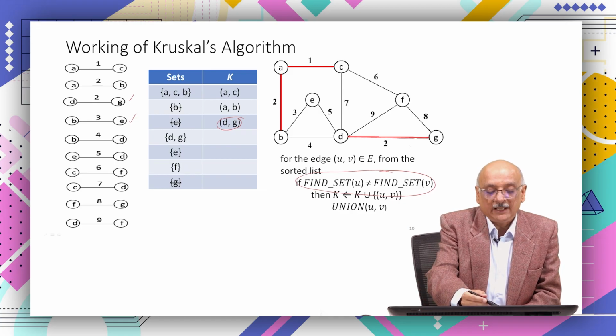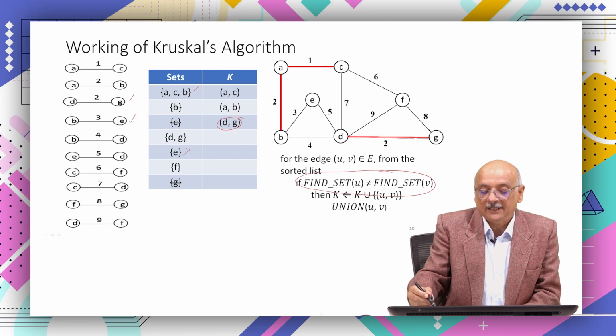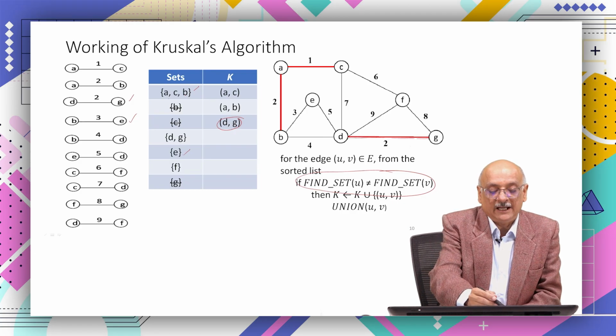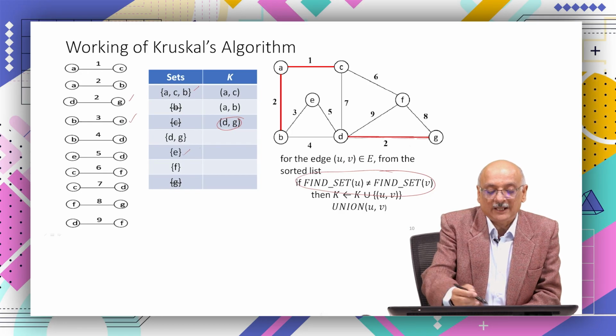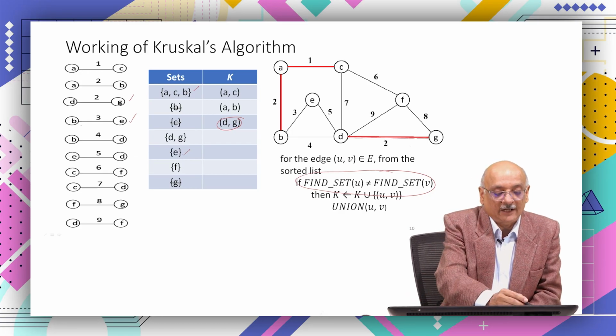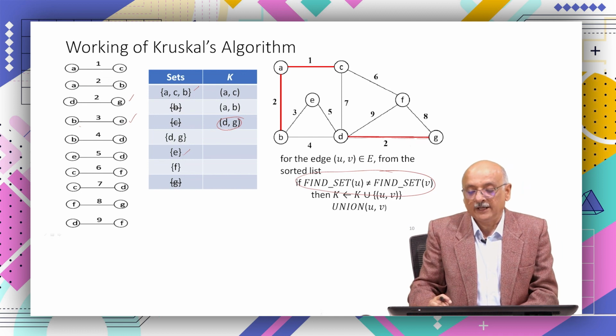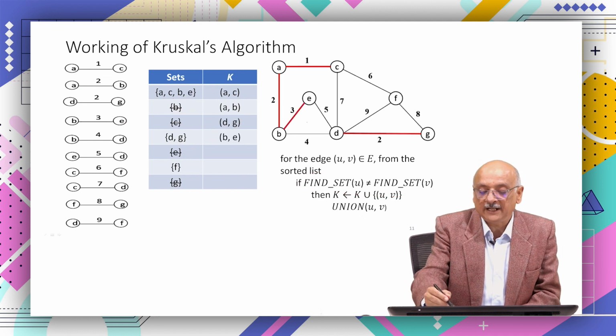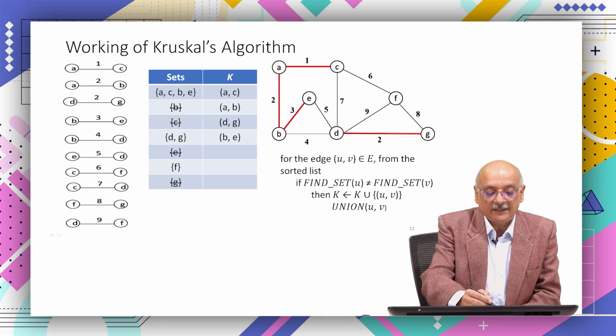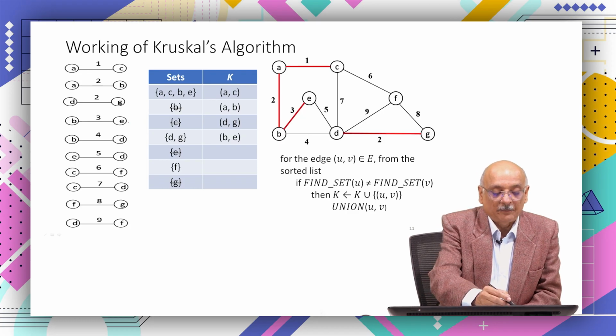Once again, B is in this particular set, E is here. So we need to merge these two sets and get another set ACBE, as well as we will get this particular edge BE over here. So now edge BE has come into the minimum cost spanning tree, and like that DG has been made another set.